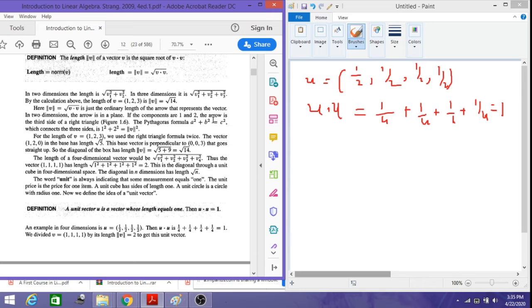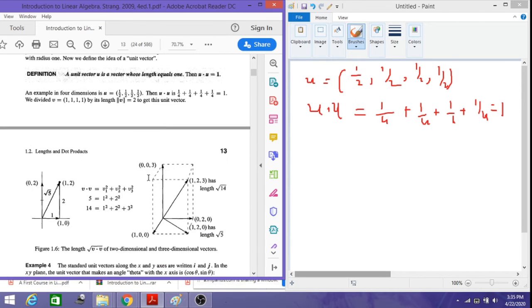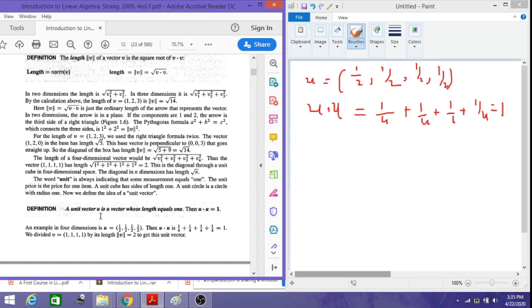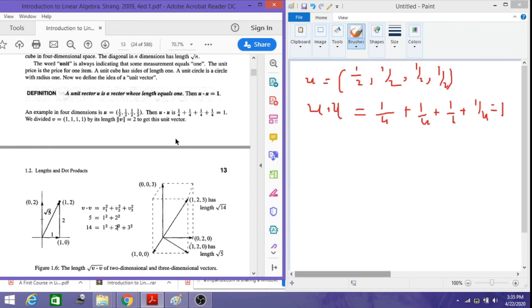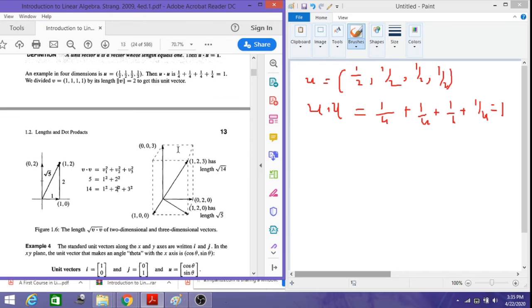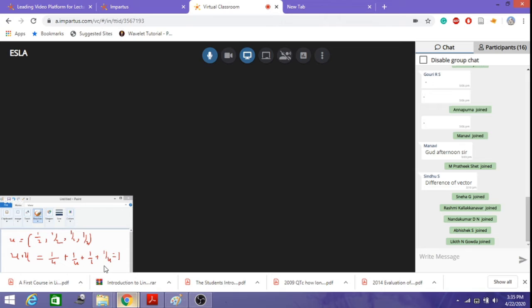Right angle, Pythagoras. Here the simple Pythagoras theorem is applied for this vector. If the vector is 1 and 2, likewise there is a length.